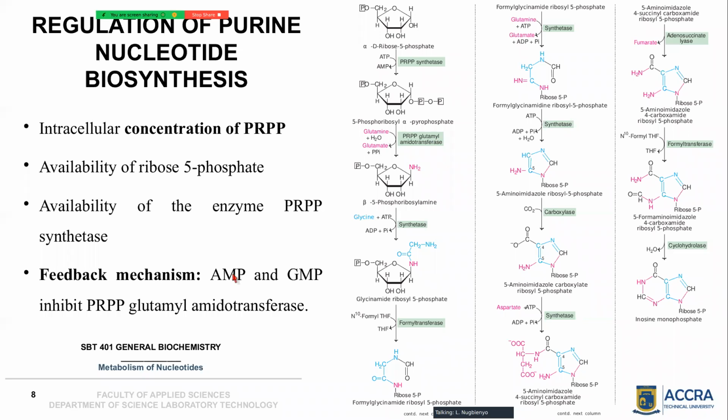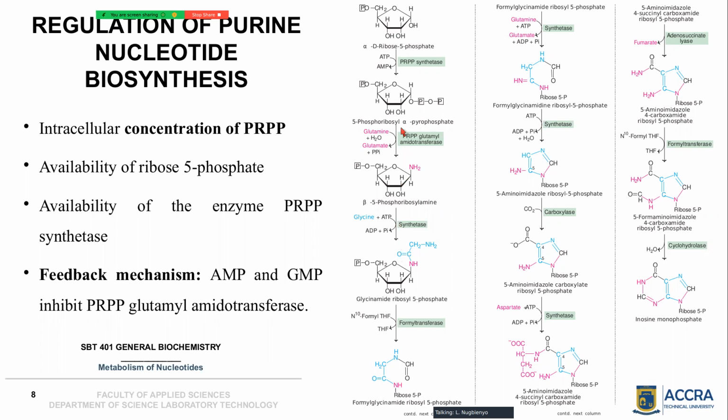You see adenosine monophosphate and guanosine monophosphate acting as inhibitors. That is a form of a feedback mechanism. So what it means is that if you are having a lot of these ribose 5-phosphates becoming diphosphates, there will be more of glutamine, the transferring amine group, for the reaction path to continue.